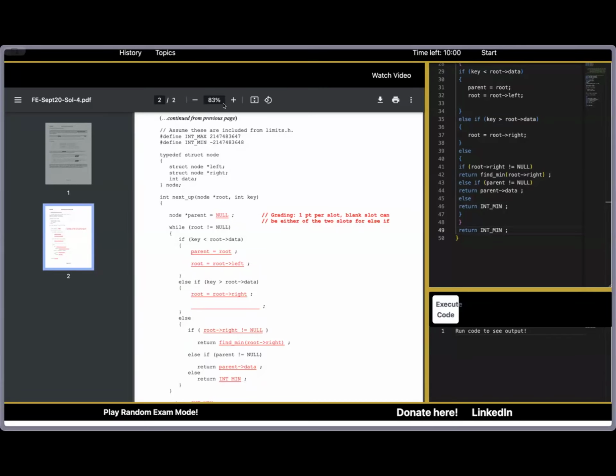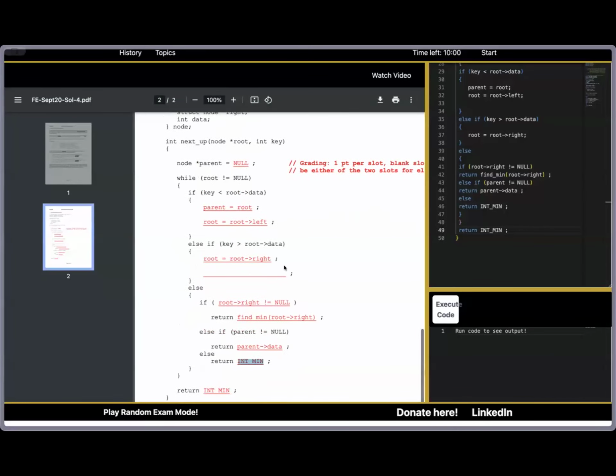Or should I zoom in? The last return answer is going to be the return int min. Unfortunately, I can't make it harder.